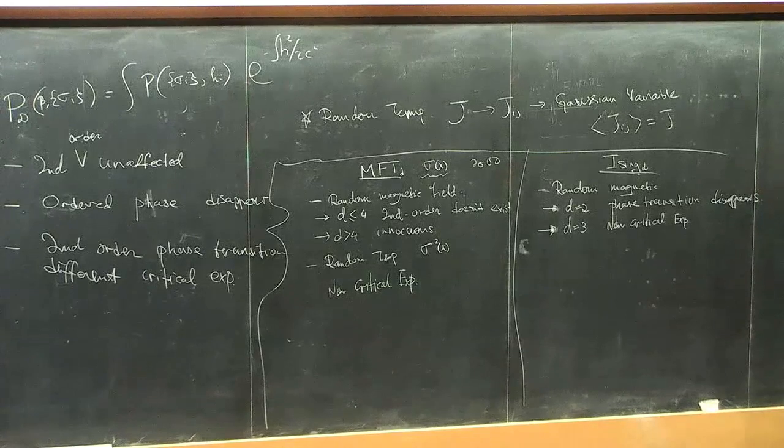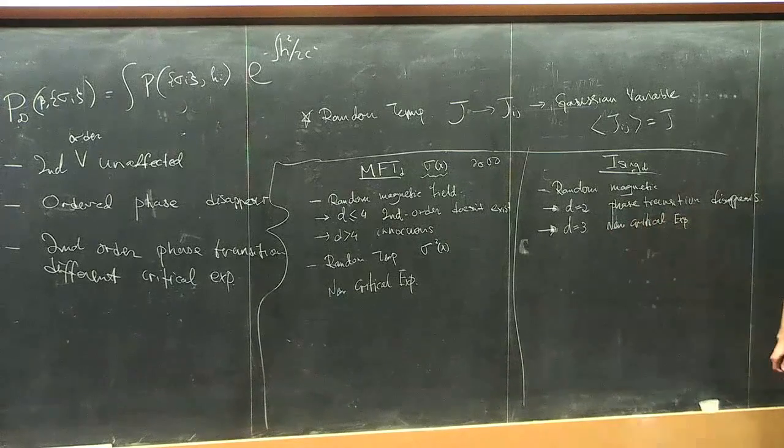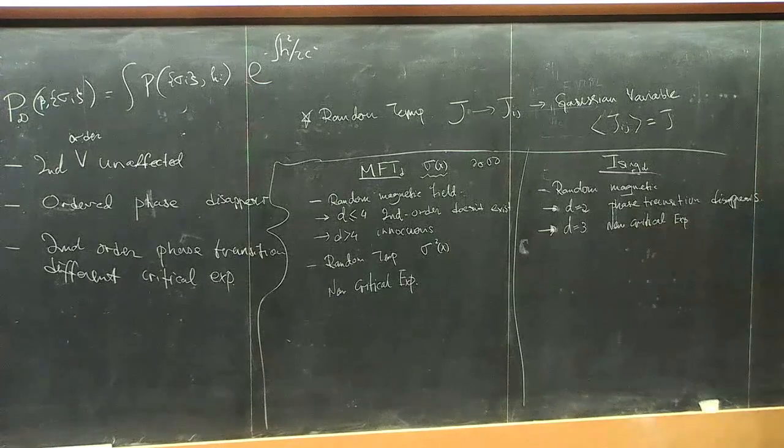So nobody really knows what's the correct low energy, low temperature description of the system. It might be some infinitely coupled model. What people sometimes say is that it's an infinitely coupled model, but I don't think that much is known about it, unless somebody wants to correct me.